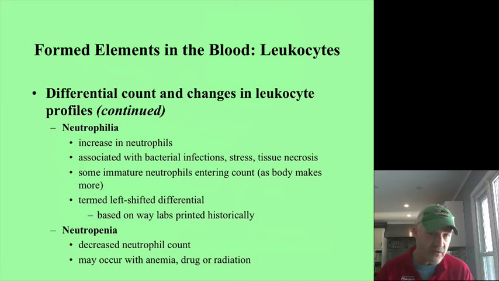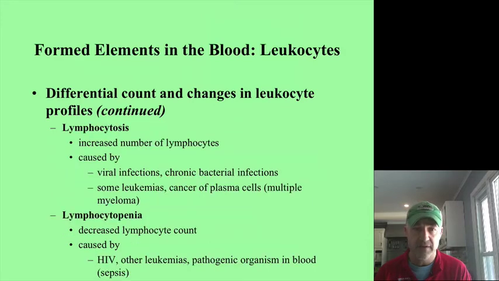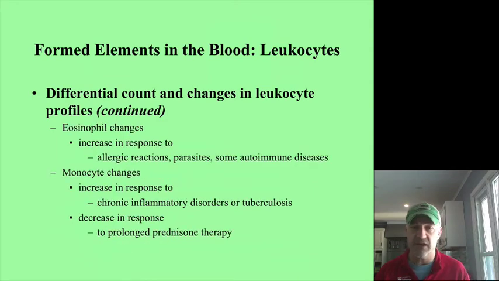Like I said, neutrophilia, too many, more than normal neutrophils, could be a bacterial infection. Lower than normal may mean you have an anemia or some type of reaction. A higher number of lymphocytes might be a viral infection or a leukemia. Too low might be something like HIV, that's lymphocytopenia. Eosinophil changes, like I said, mean allergic reaction or parasitic worm infections.